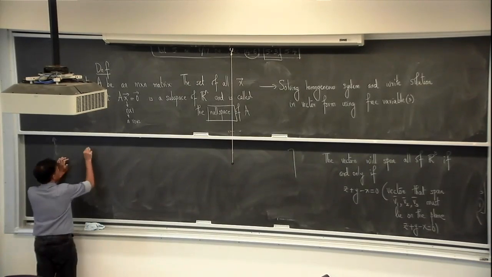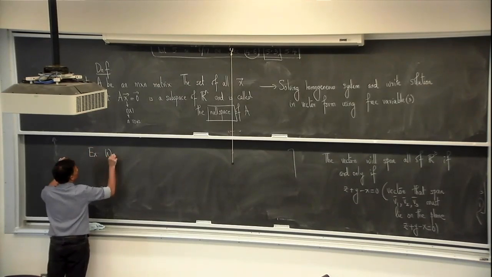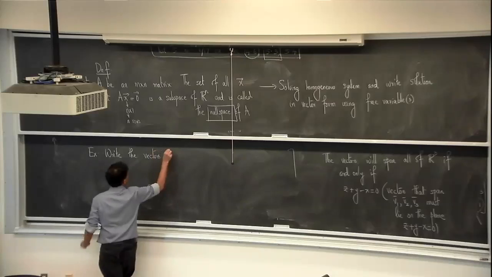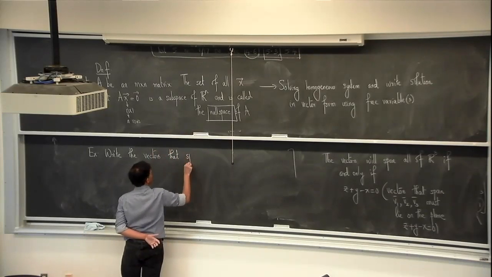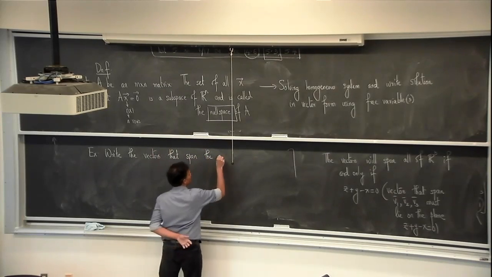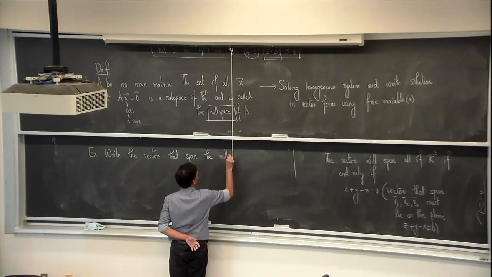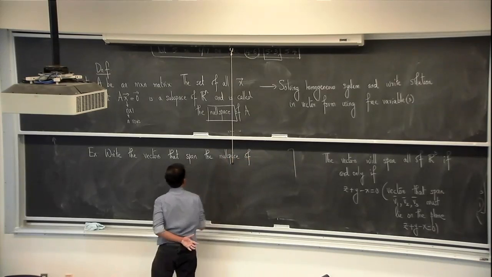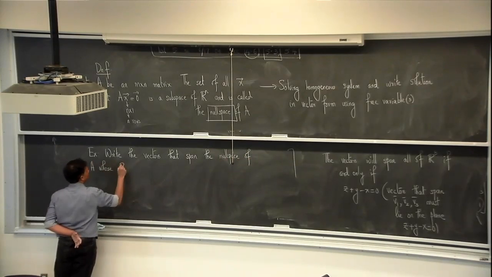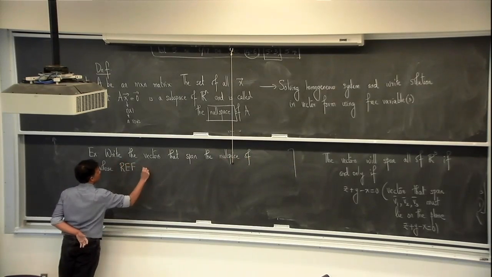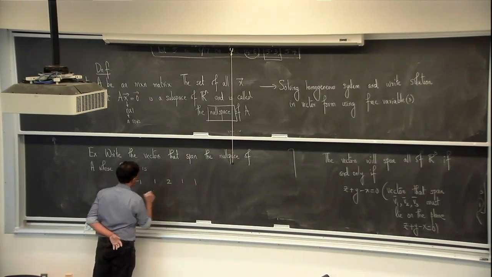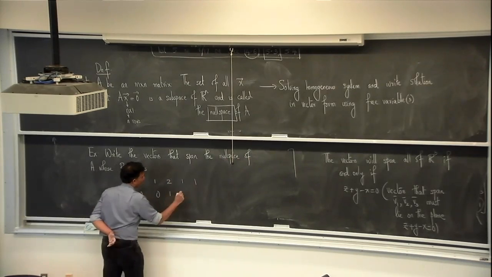So, example: write the vectors that span the null space of matrix A, and span means just a linear combination, whose REF is (1, -1, 1, 2, 1, 1; 0, 0, 0, 1, 0, 1).